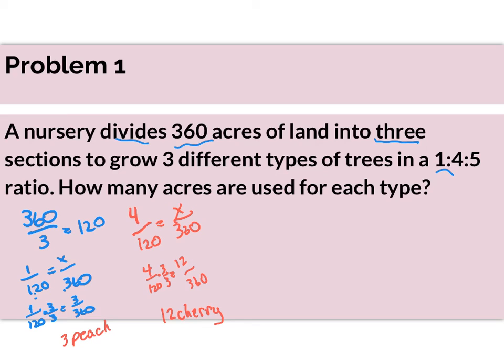And now we need another fruit, I guess. So if we're talking about 5 out of 120 equals x over 360, let me do this in a different color so you don't get confused.